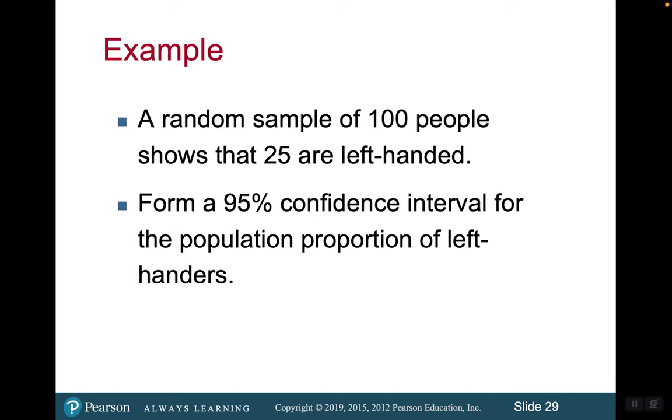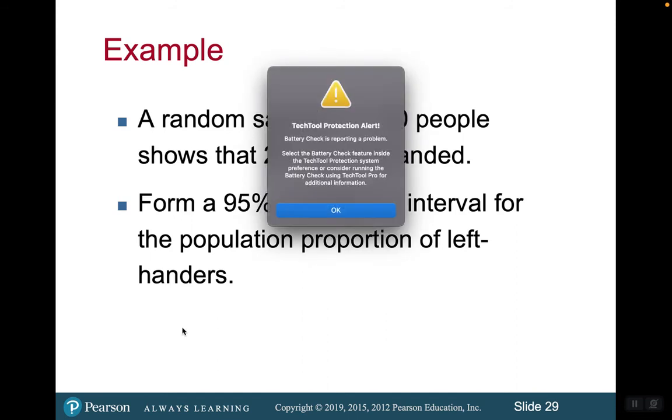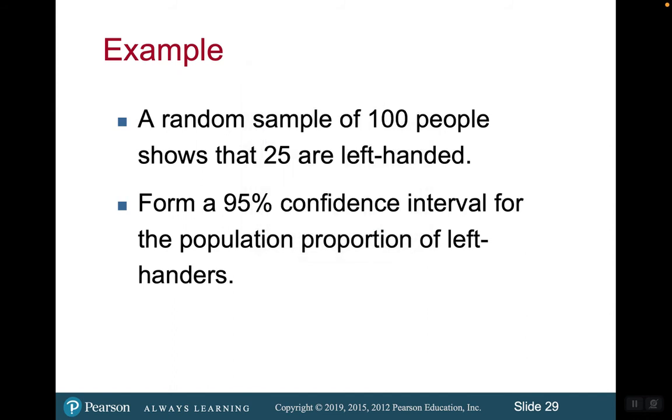So for this example, we're going to look at a sample of 100 people, and our calculation is that 25% are left-handed. So we want to create a 95% confidence interval for the population proportion of left-handed people.